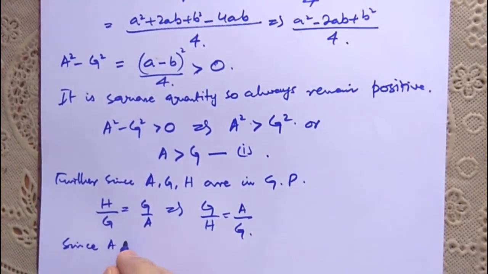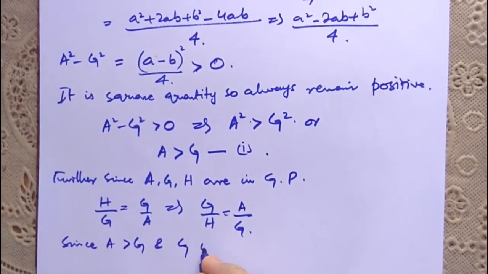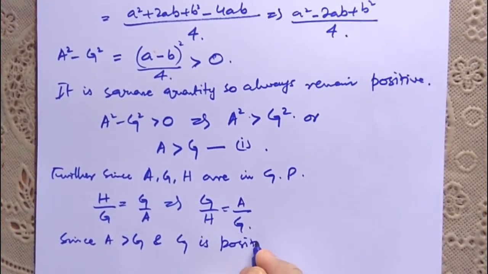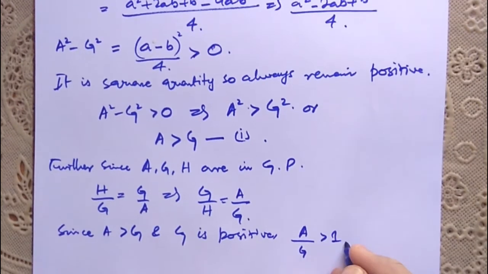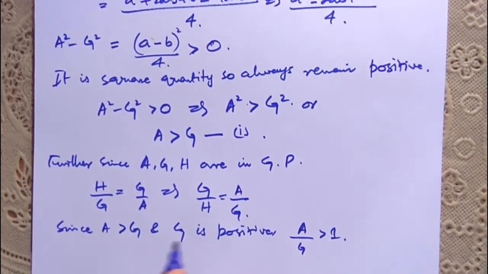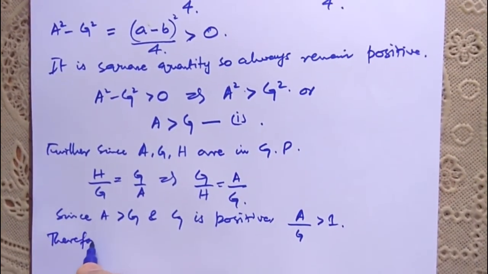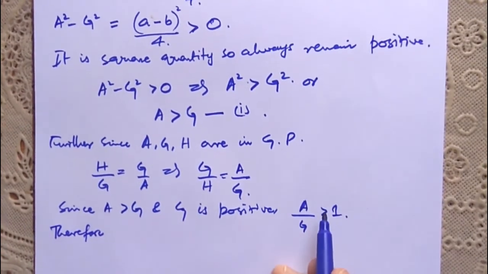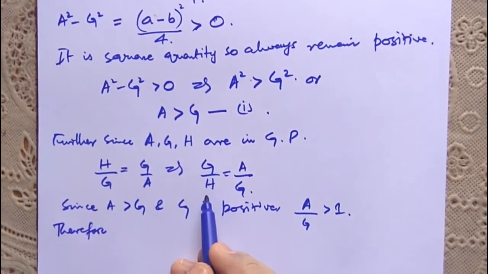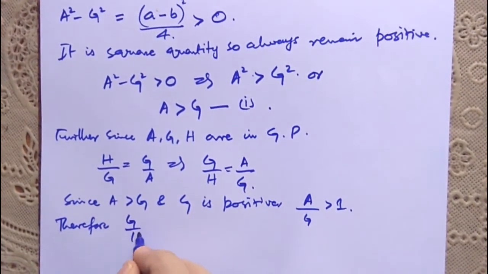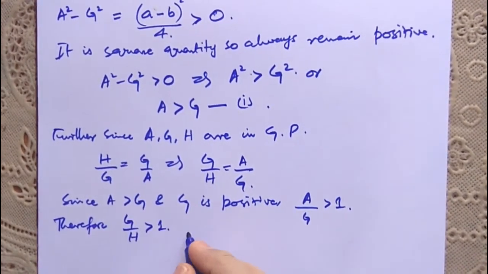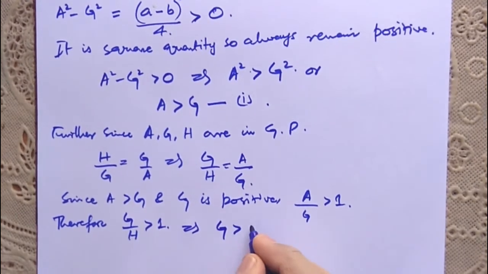Since A is greater than G and G is positive, A upon G is also positive, means greater than 1. Therefore, because A upon G is equal to G upon H, G upon H is greater than 1, and it implies that G is greater than H.